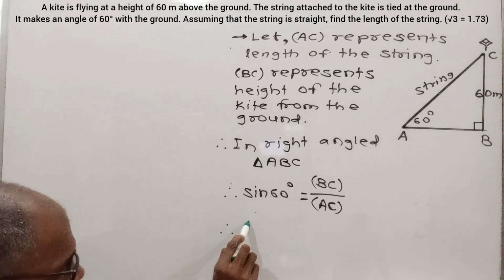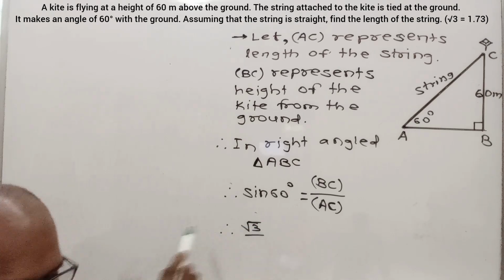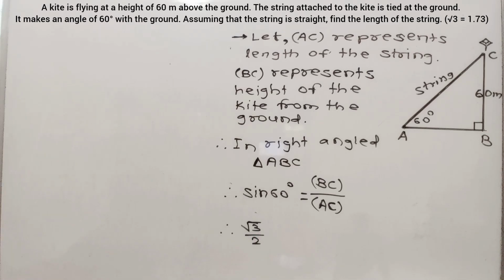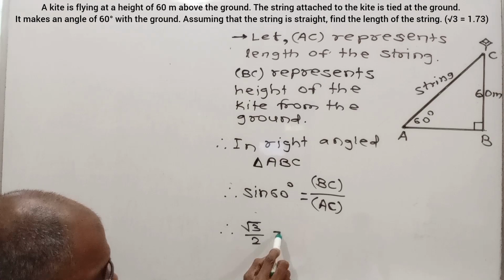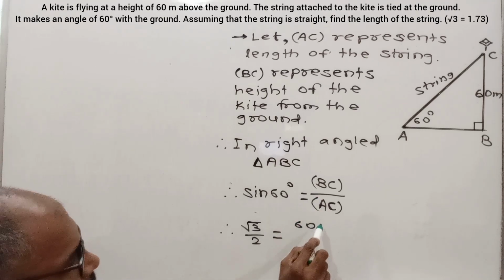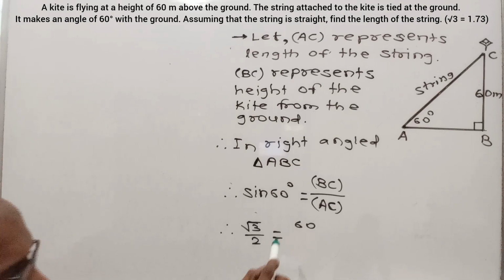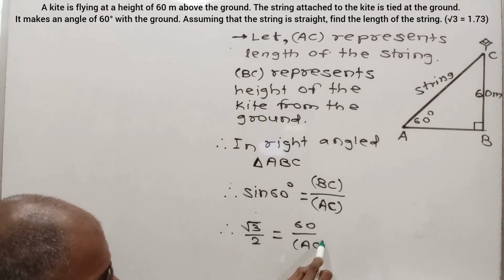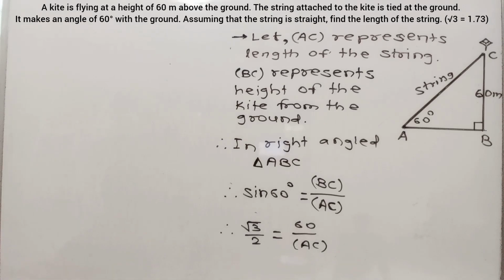That is square root of 3 upon 2 is equal to BC, 60 meter. Don't write meter here, we write it afterwards, upon AC. Did you get it? Therefore, cross multiplication.